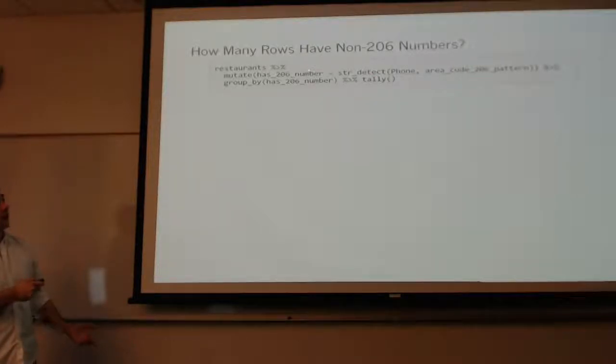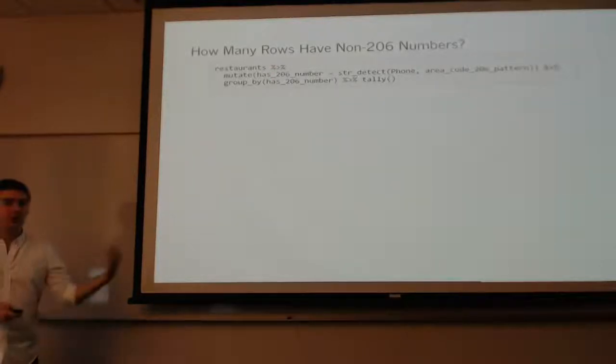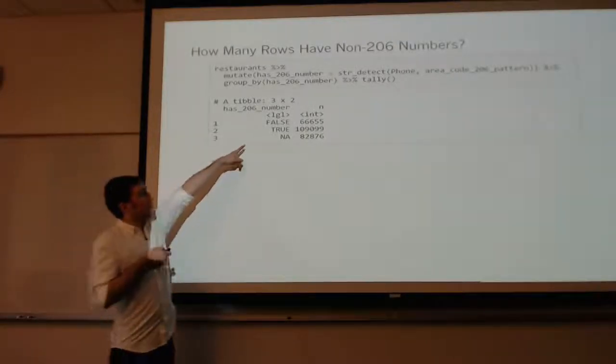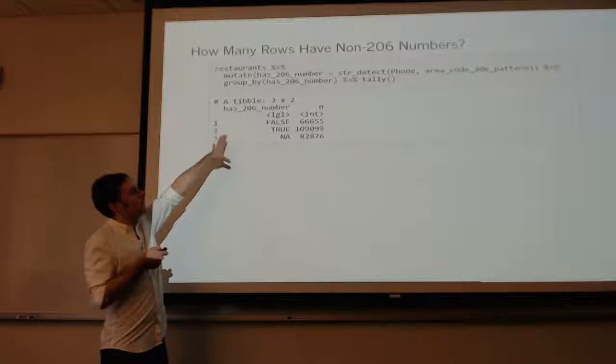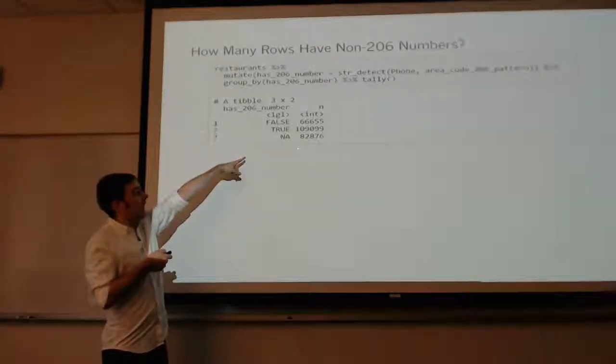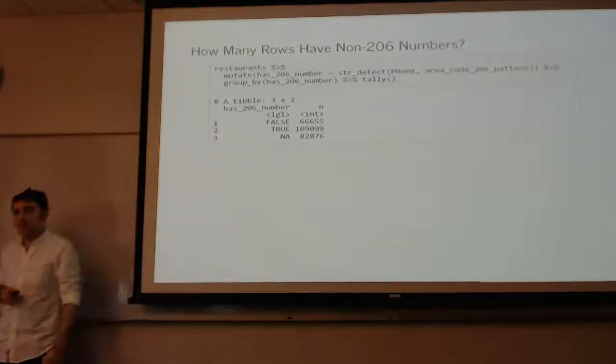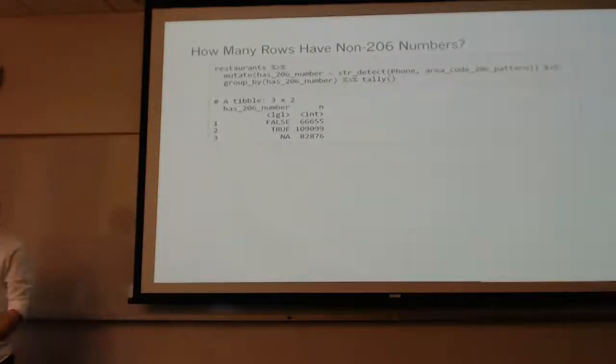True if there's a 206 number, false otherwise. I'm going to group them by whether they have a 206 number or not, and then tally them. So this is going to create essentially a crosstab. So we see only about 67,000 numbers do not have a 206 number, about 110,000 do, and presumably about 83,000 don't have a listed phone number because they got an NA. Can't search in something that doesn't exist.